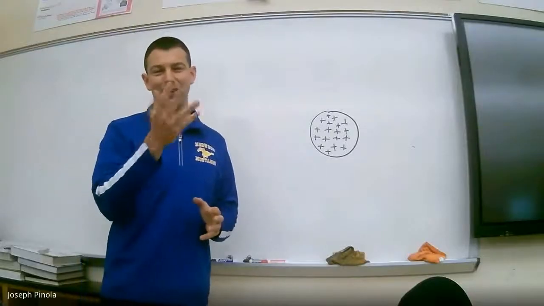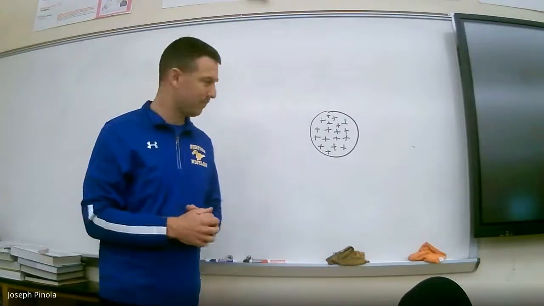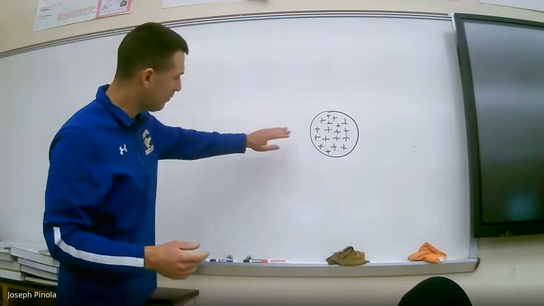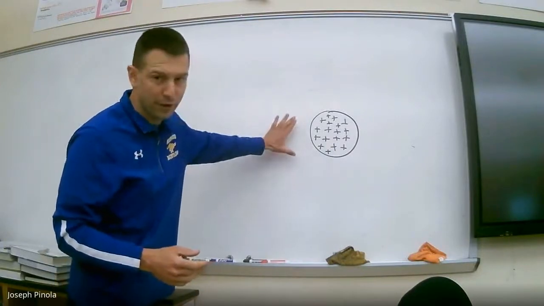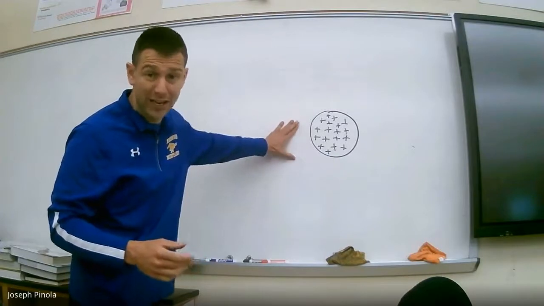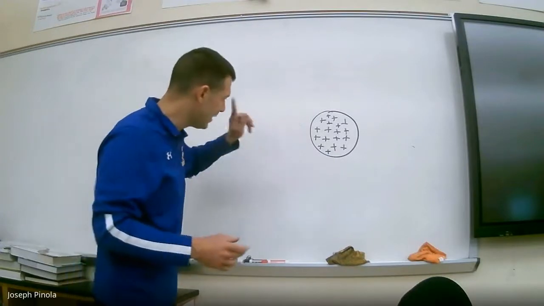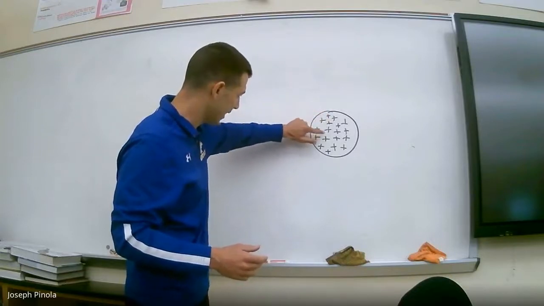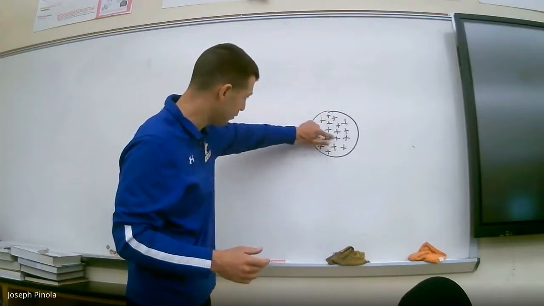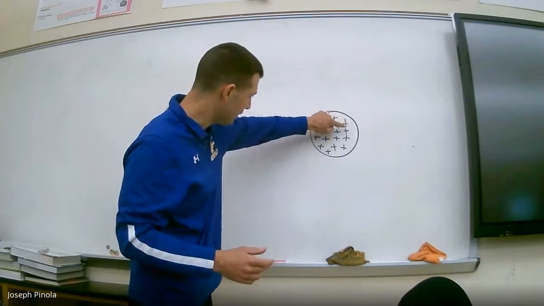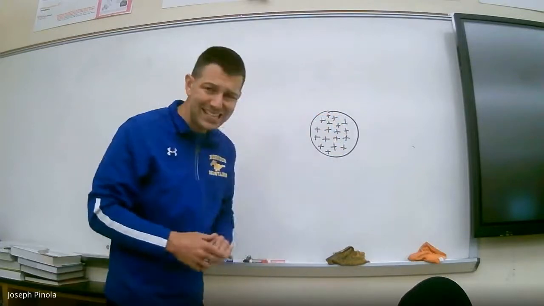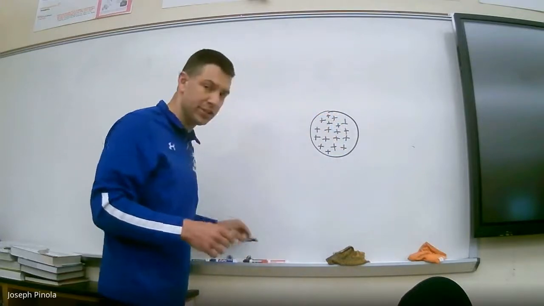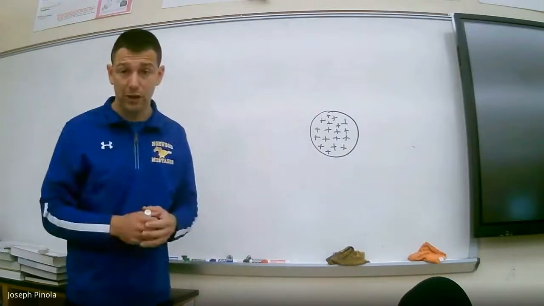Let's take a look now at one final example. On the board, I've drawn up a very, very positively charged ion. This ion, if we count them up, has 1, 2, 3, 4, 5, 6, 7, 8, 9, 10, 11, 12, 13, 14, 15, 16, 17, 18 positive charges in it and 0 negative charges.